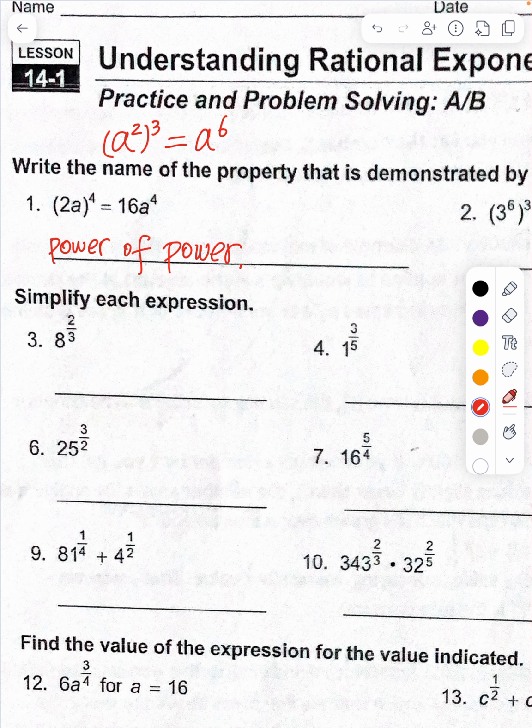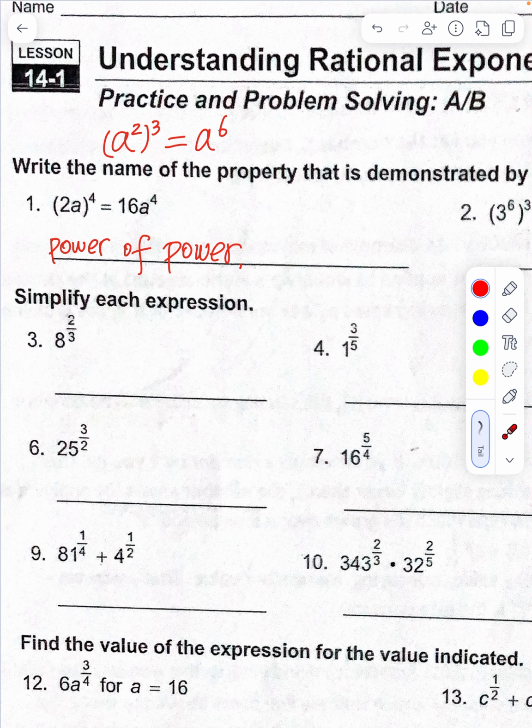But for the first one, we don't have any power on 2 and A. That means the power is 1. And then we're going to distribute the power outside.